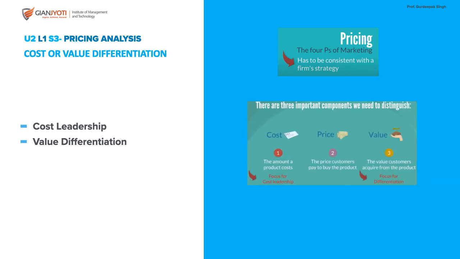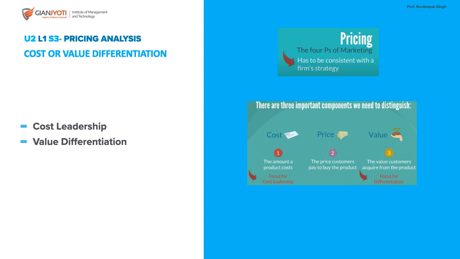So we discussed cost, price, and value because these are the three important components you need to distinguish when deciding a strategy. Now, cost, if I want to focus on cost leadership, that means I want to keep my cost as the lowest so that no one can compete with me.